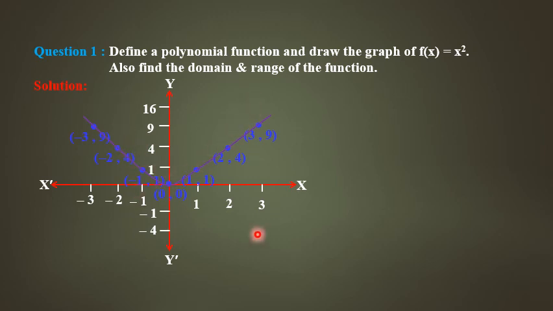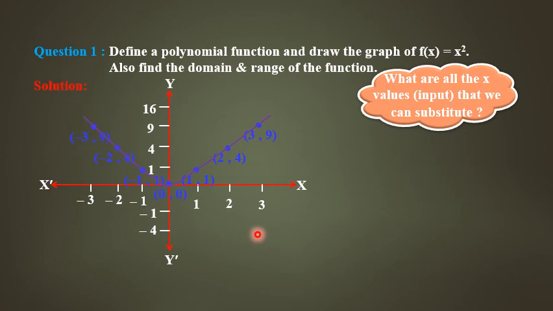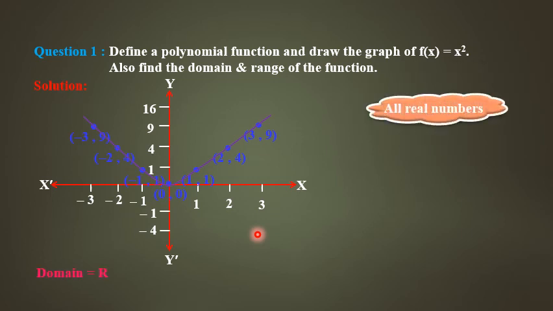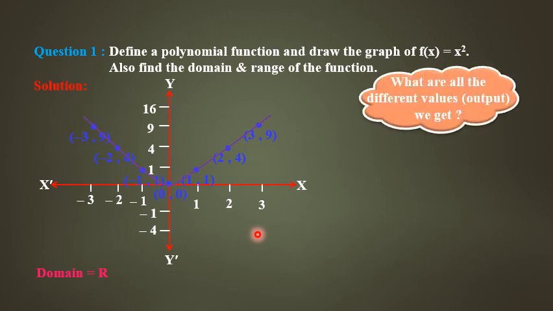Okay, now what's the domain? Input, that is the domain. Input is any real number here, the set of all real numbers. So then what are all the different values of output? See here, above the x-axis you have only positive values. This portion is above the x-axis, this portion is also above the x-axis.